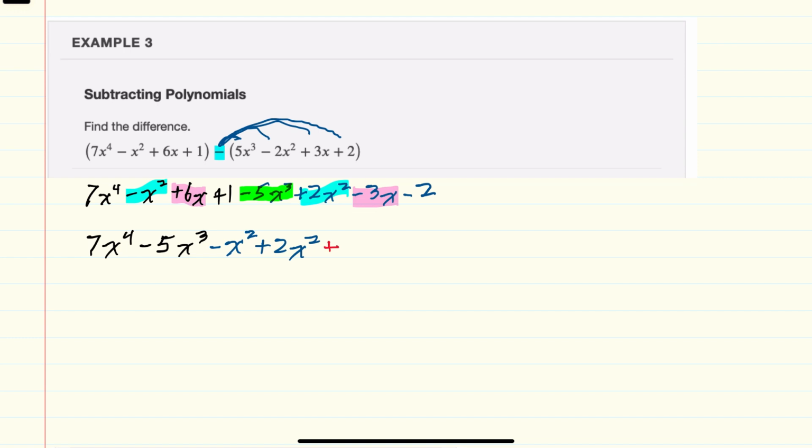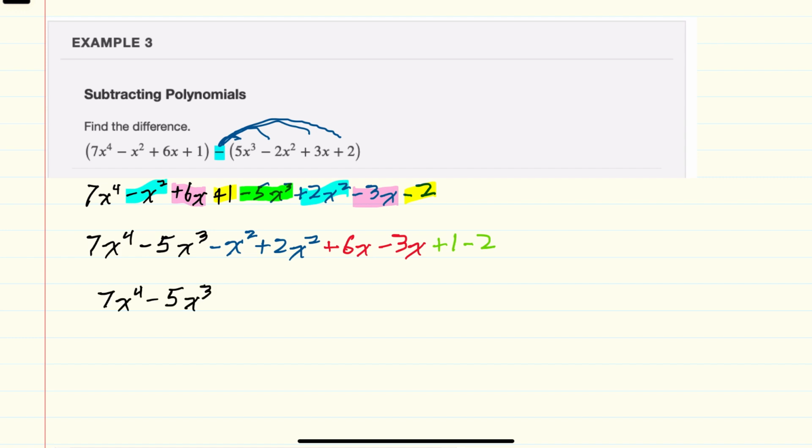This is a plus 6x and a minus 3x. And lastly, we have these regular numbers, plus 1 and a minus 2. I'll write those next. And here I can see that I've put the like terms next to each other so I can start doing some combining.